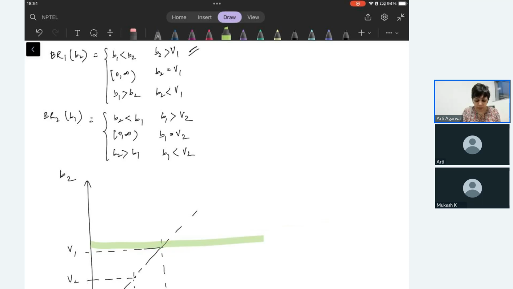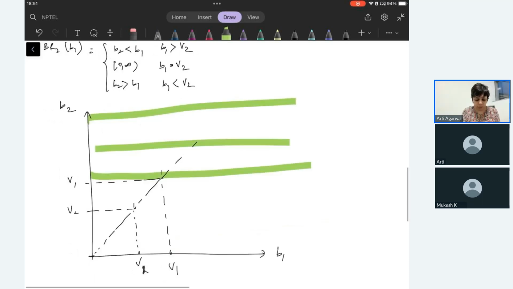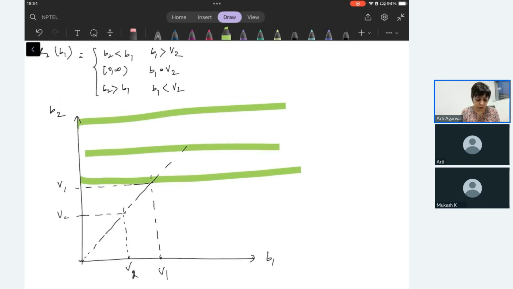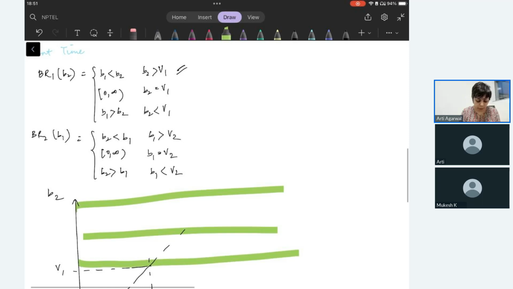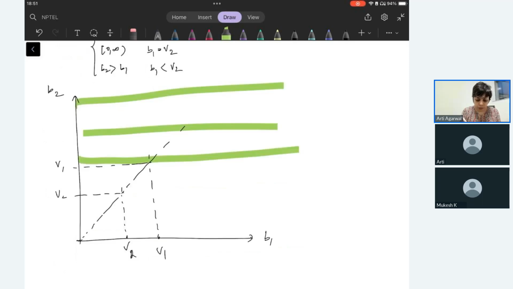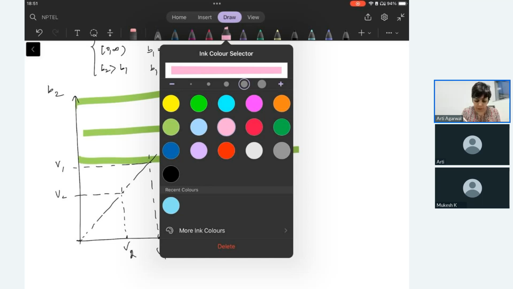In this whole part, player 1 wants to play a strategy of B1 less than B2. Let's use some other color. So he's going to do this.